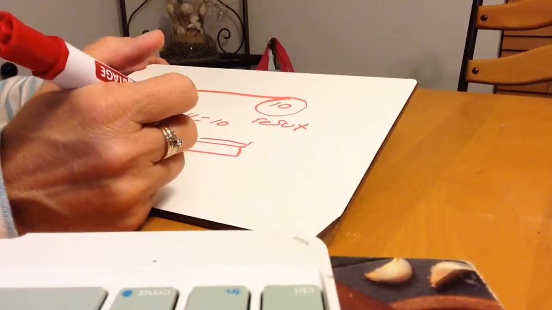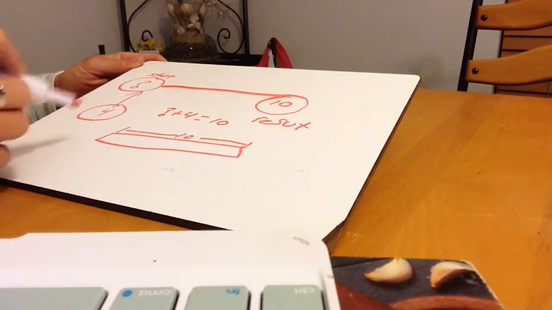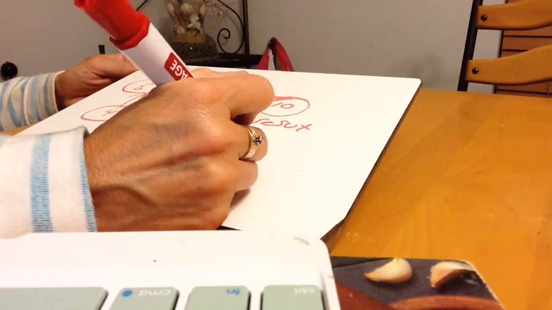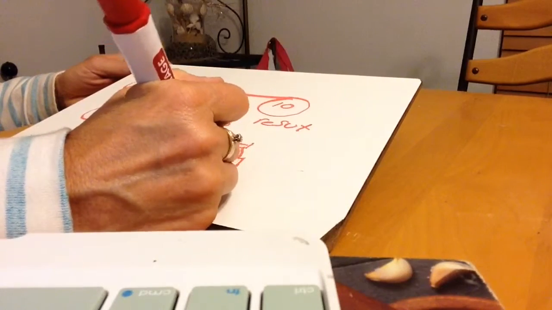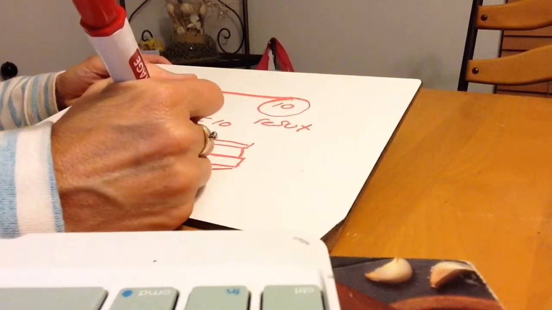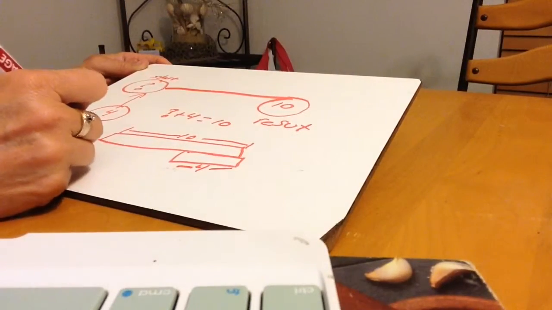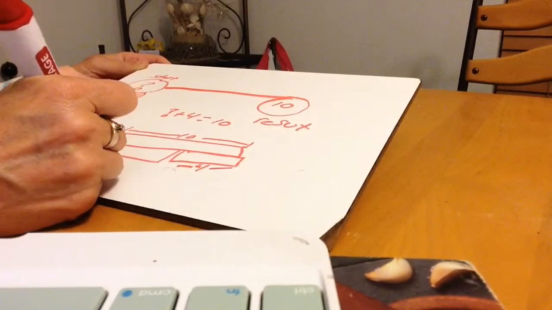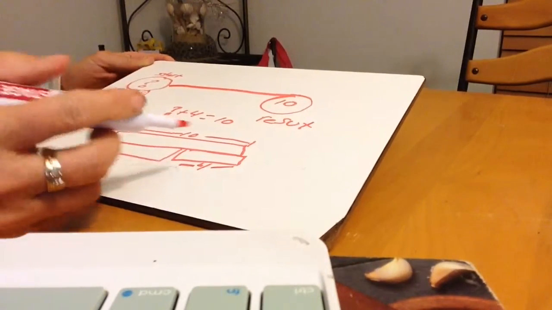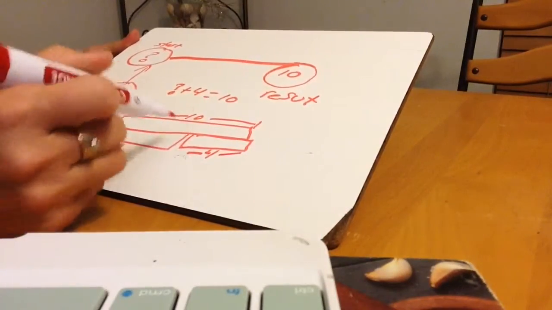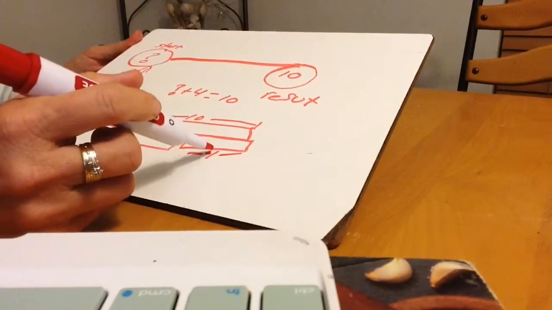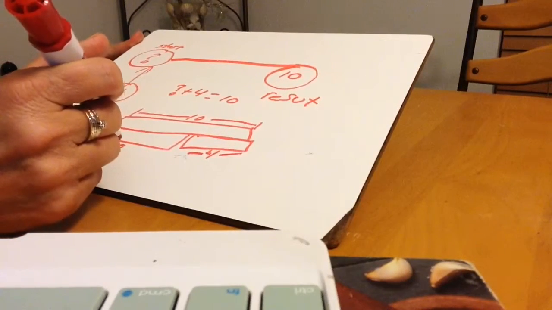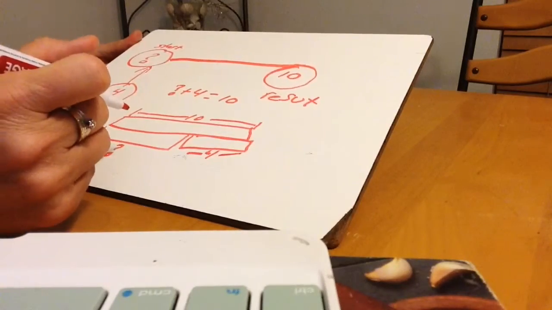Okay, so we know we have 10. What else do we know? We know that Josh gave her 4, so I can make another line right here, chart, and put 4. So this blank space right here is the unknown. So by doing this visual, we can see that 10 minus 4 will equal our missing piece.